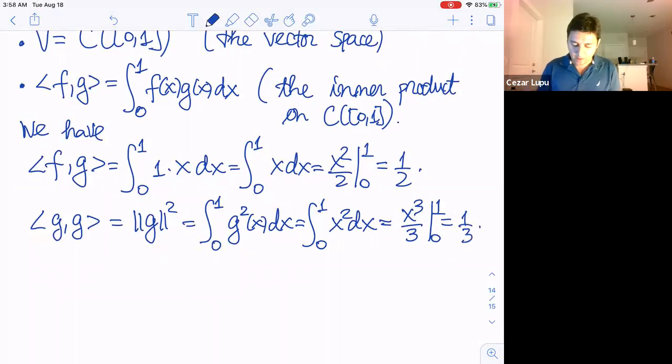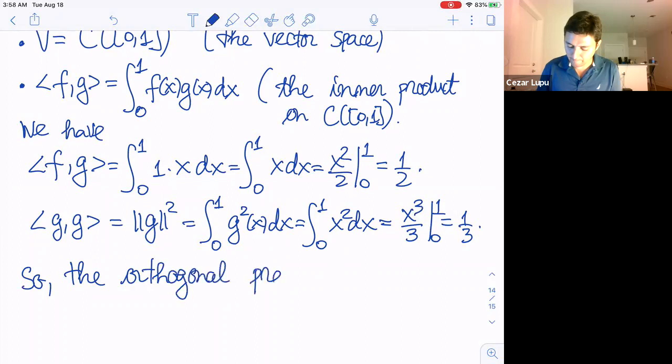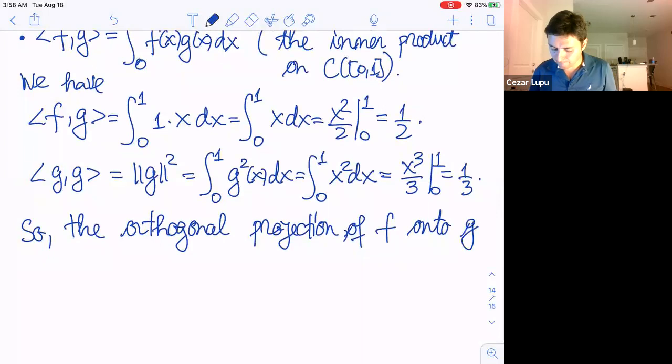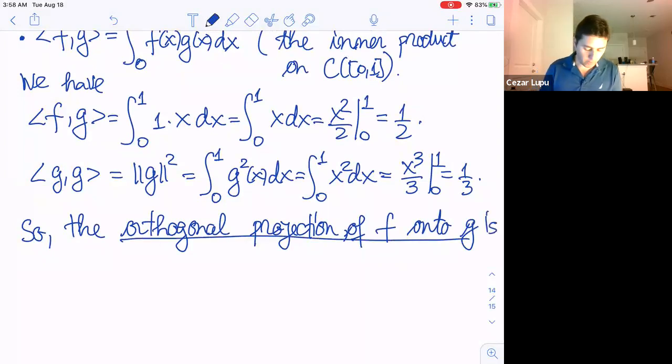Okay, great. So the orthogonal projection of f onto g is given by the following. Let's write it.